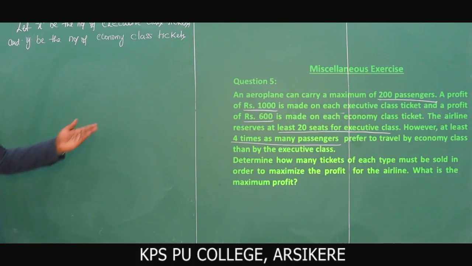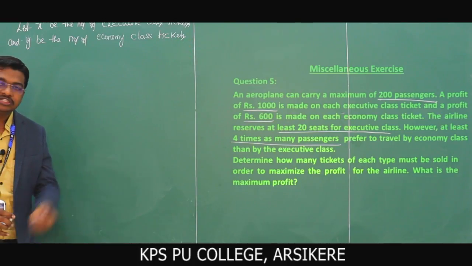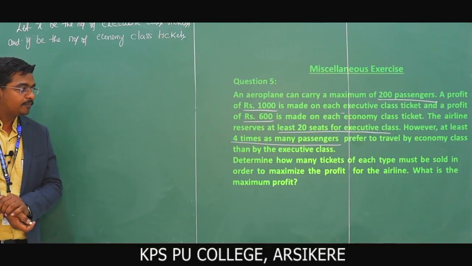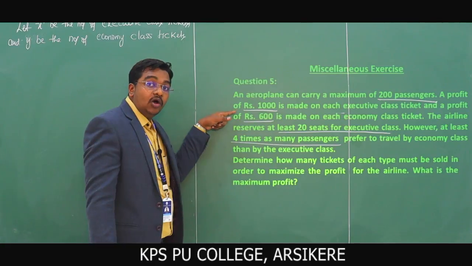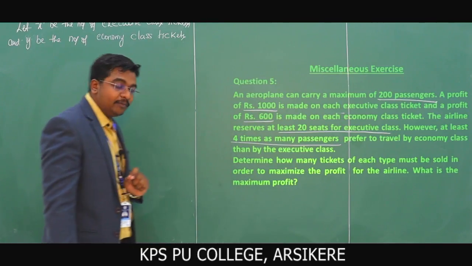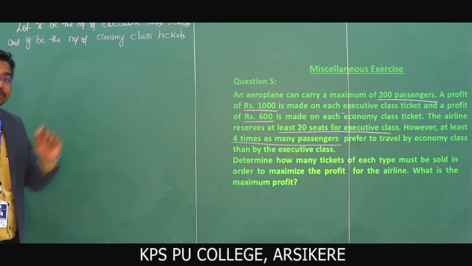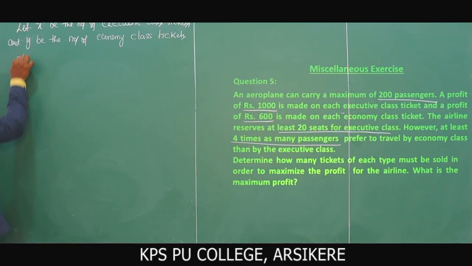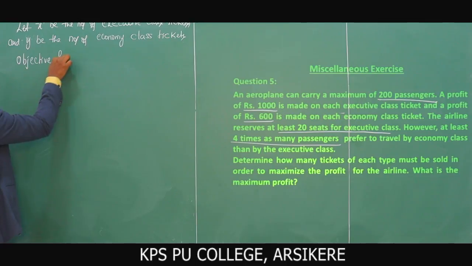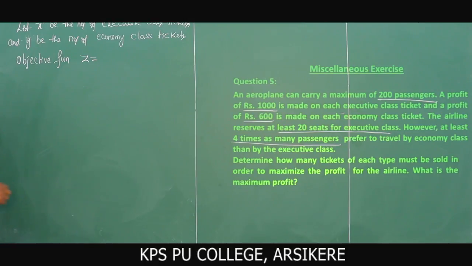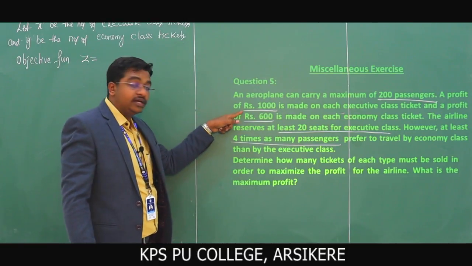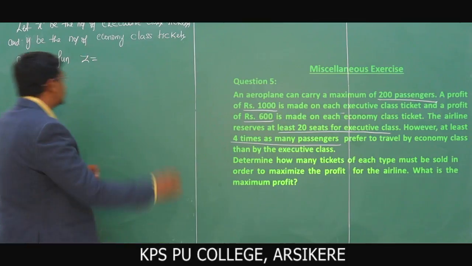So directly I will write the objective function. Our aim or goal of the problem tells the objective function. Here we need to maximize the profit. So objective function z is equal to... you earn rupees 1000 on each executive class ticket.